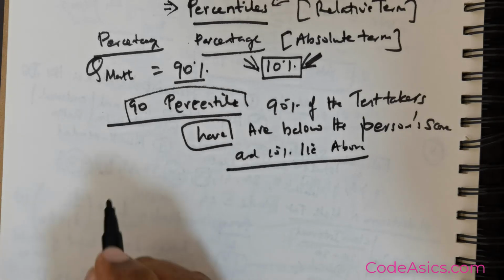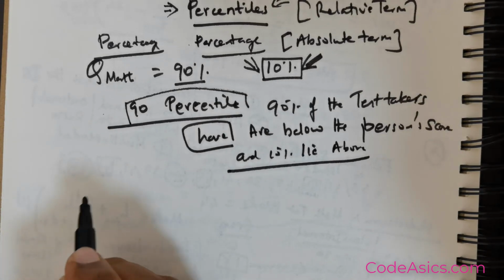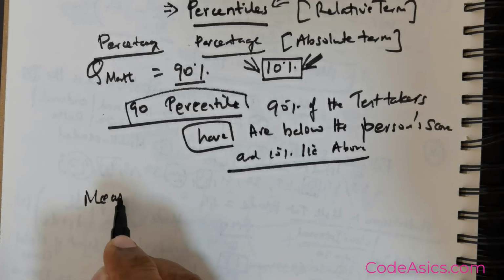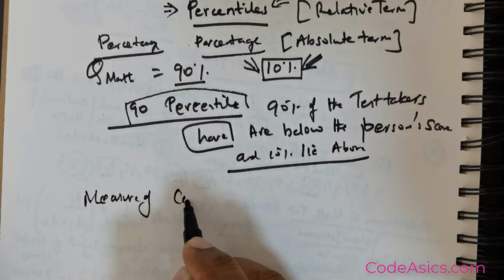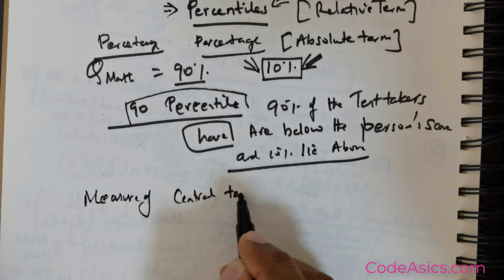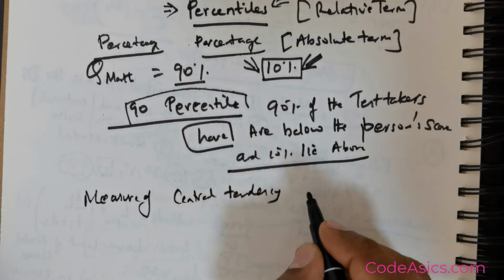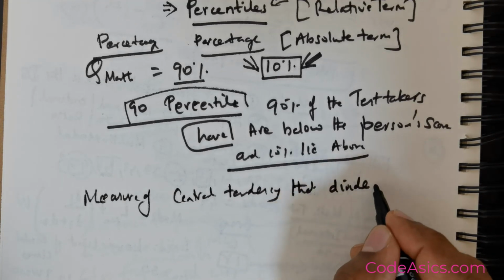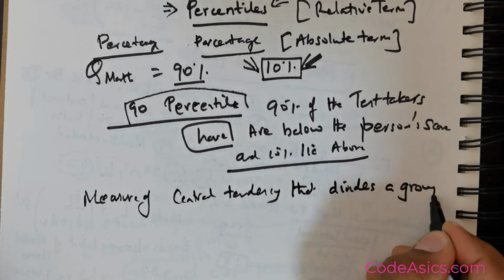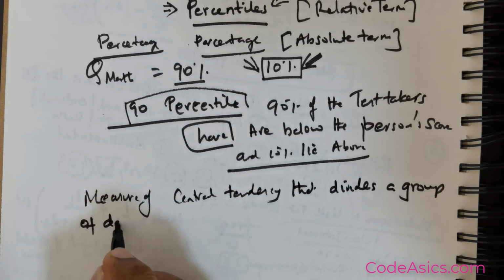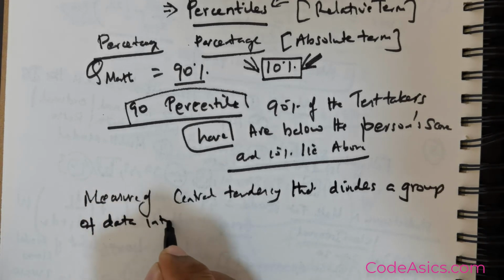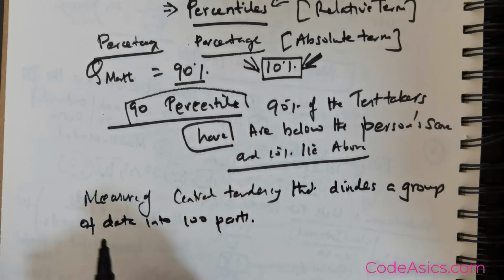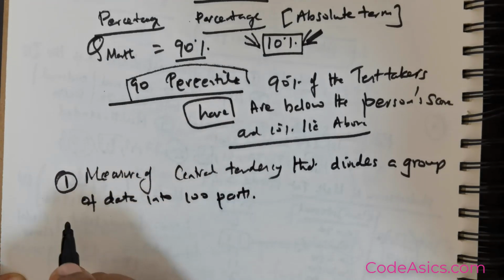Having given you that, let me extend this. What is the meaning of percentile? It is the measure of central tendency that divides a group of data into 100 parts. This is a very important point.